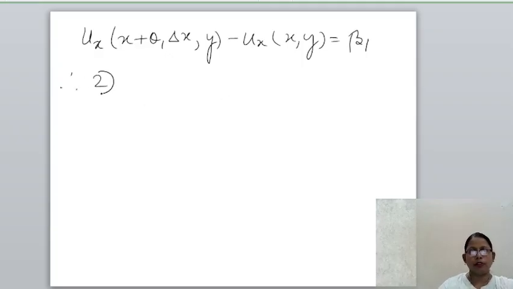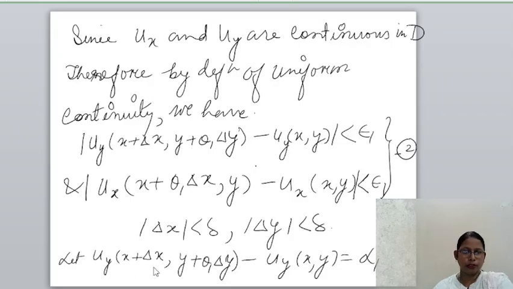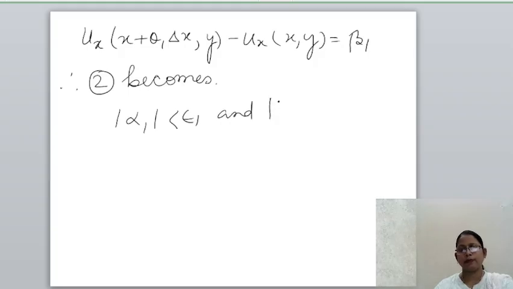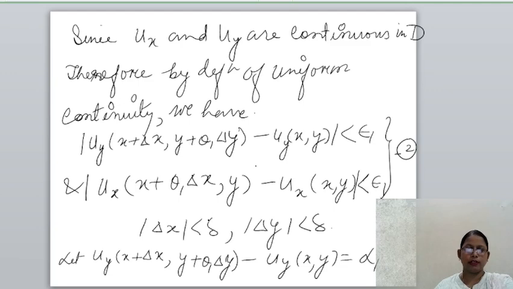Therefore using these two values, equation 2 becomes: modulus alpha 1 less than epsilon 1 and modulus beta 1 less than epsilon 1.